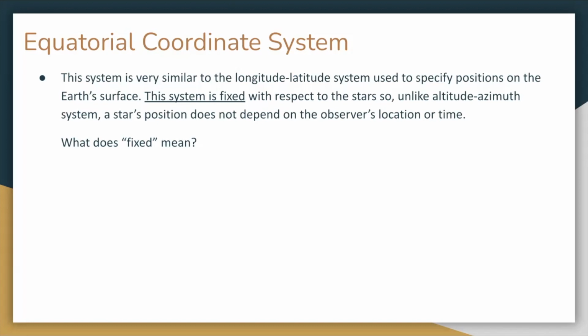So when we talk about this system being fixed, what do we mean by fixed in this case? Yes. Not changing. So when we say the equatorial system is fixed, we mean that it is not changing.